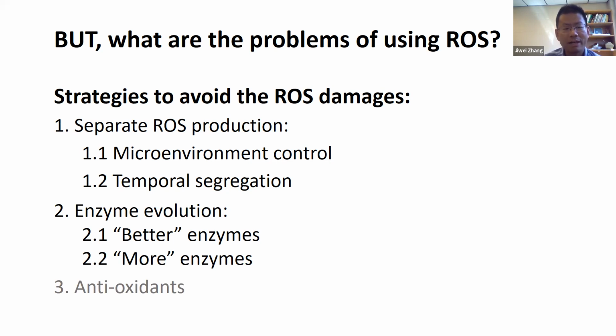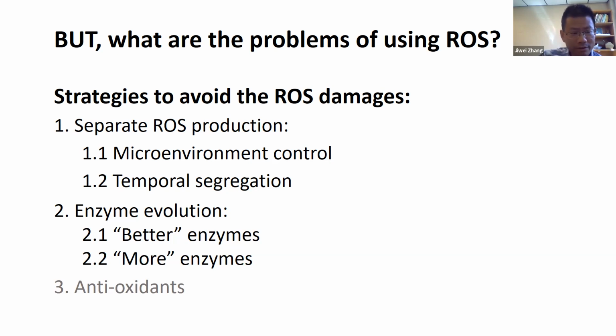One is trying to evolve their enzymes to produce better enzymes or more enzymes. Better enzymes basically means enzymes that can resist the ROS damage. More enzymes means if you damage some enzymes, you still get quite a lot of leftover enzymes that can work on the lignocellulose degradation.